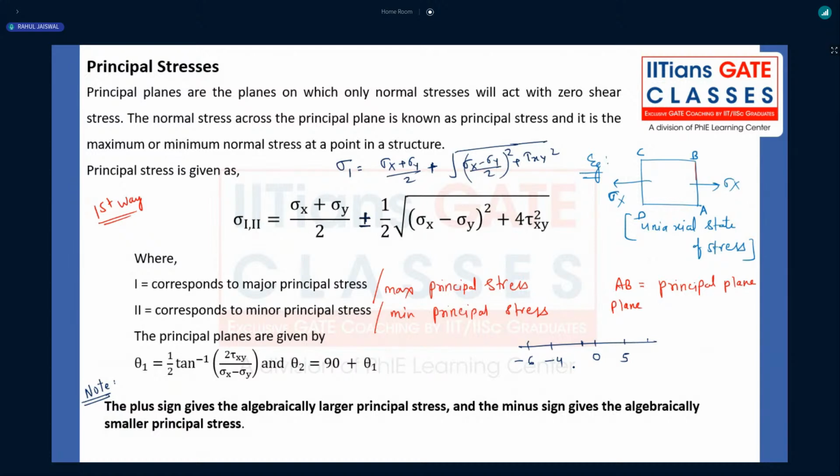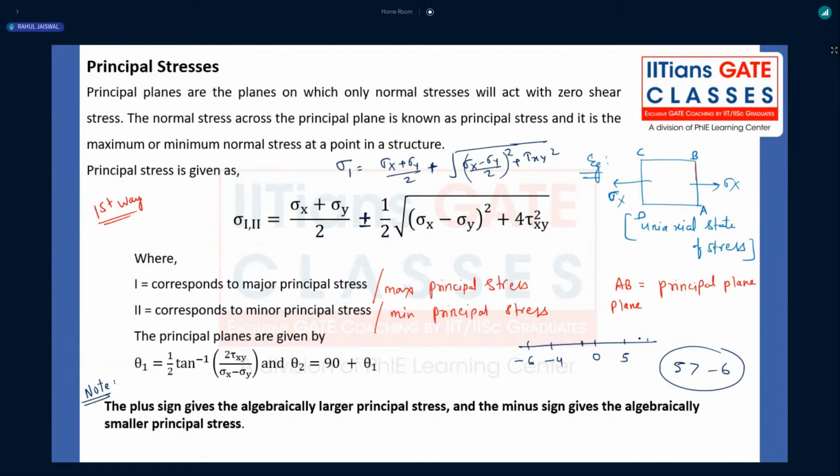But with respect to design intuition, listen to my words very carefully. From the mathematics point of view, 5 is a bigger value than -6.